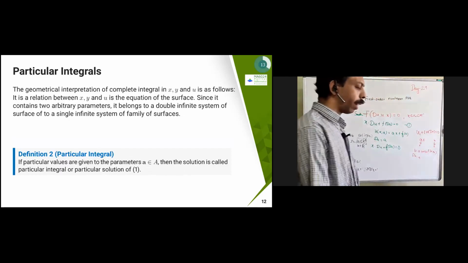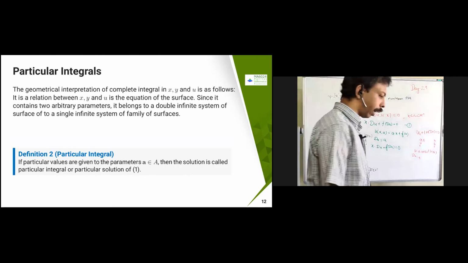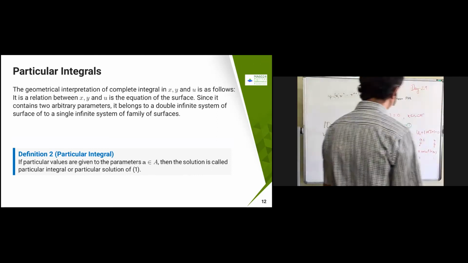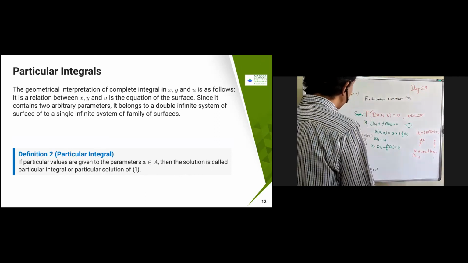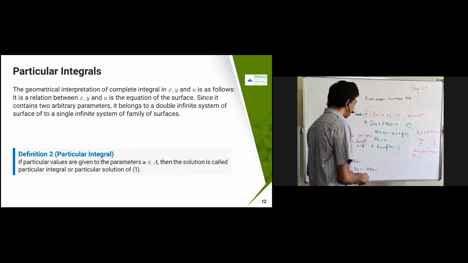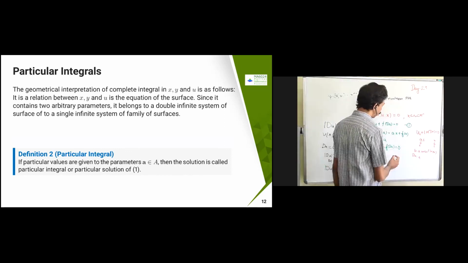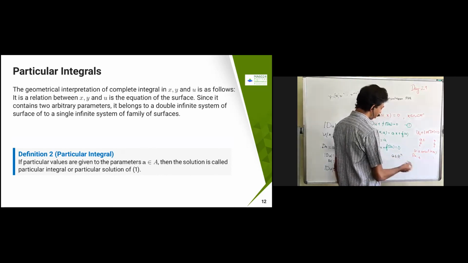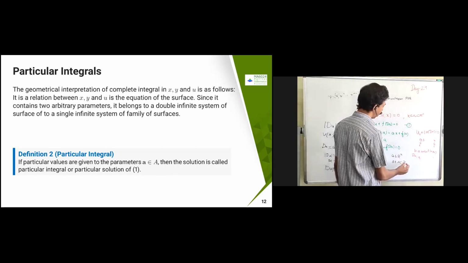Next week we are going to see the particular integral. In the complete integral, a is an arbitrary constant. Wherever I have given it here, this a is some arbitrary constant in R power n, a belongs to A, a subset of R power n.